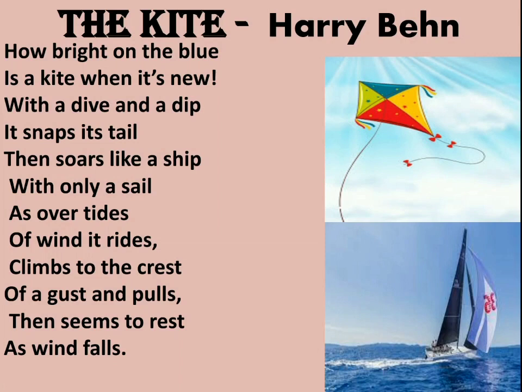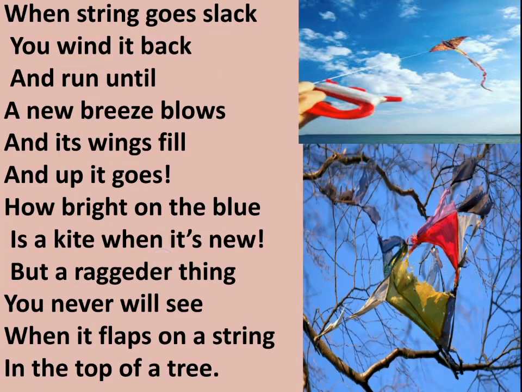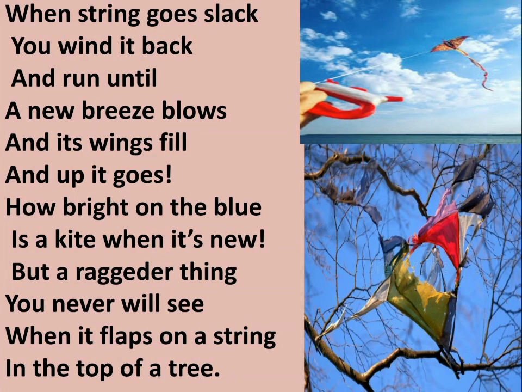Then seems to rest as wind falls. So later what happens with this kite? But as soon as the wind slows down, then it seems as if it has stopped there to rest. When string goes slack, you wind it back and run until a new breeze blows and its wings fill and up it goes.